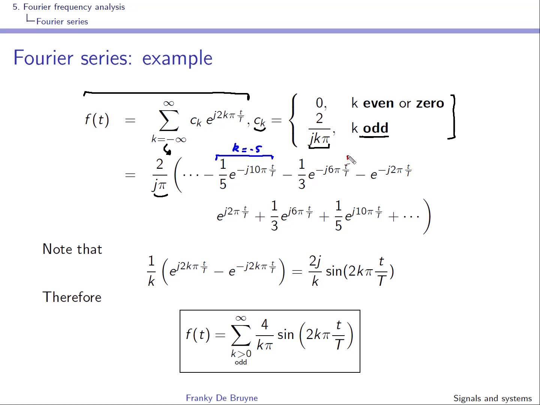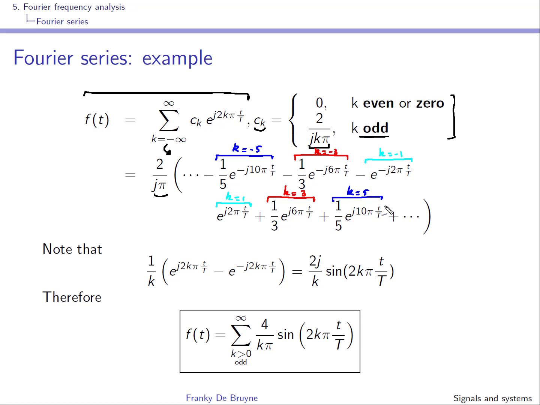Here you'll have the term that corresponds to k equal to minus 3, and here k equal to minus 1. Here you'll have the term that corresponds to k equal to 1. Here k equal to 3, and here k equal to 5.